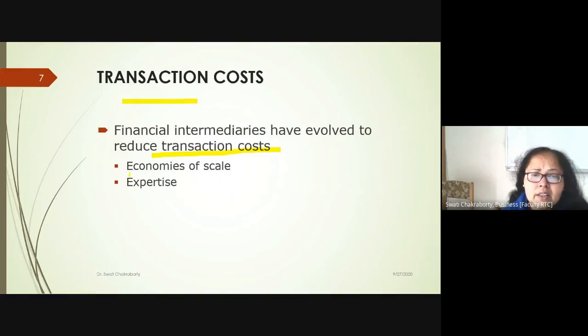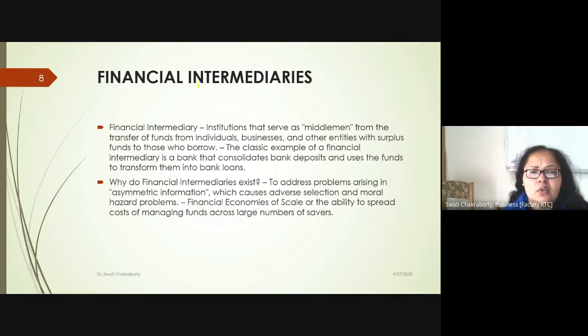This means there are economies of scale and a lot of expertise involved. So what are financial intermediaries? They are institutions which act as a middleman in the transfer of funds from individuals, businesses and other entities with surplus funds to those who want to borrow.